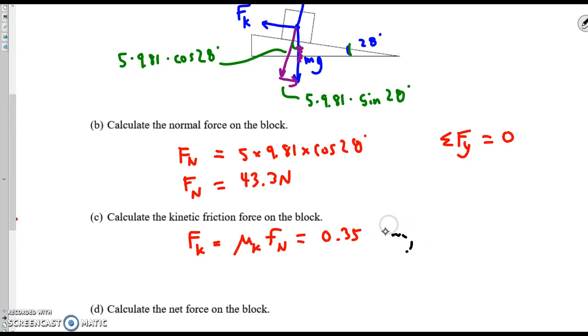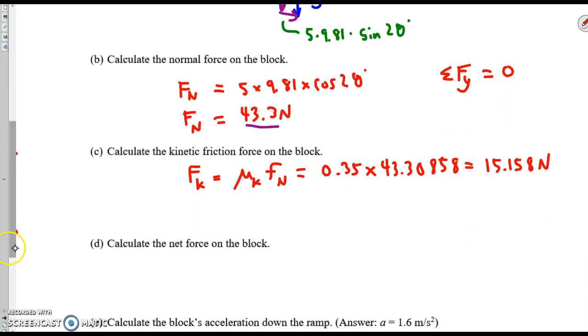It's actually equal to mg cosine theta, which is 43.3. And when you plug in that value, use the unrounded version. And when we calculate, Fk is 15.158 newtons.